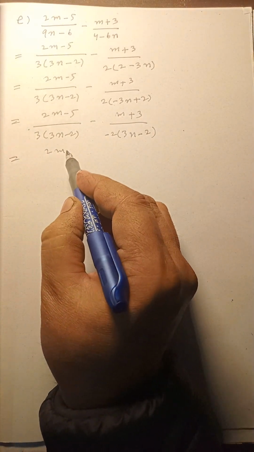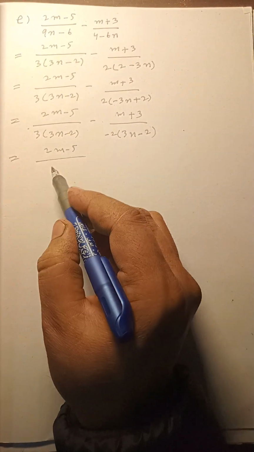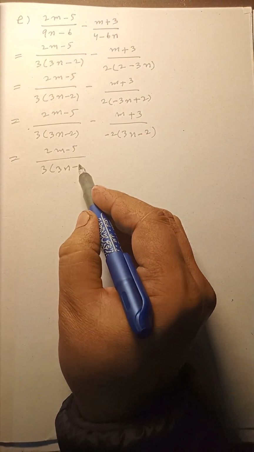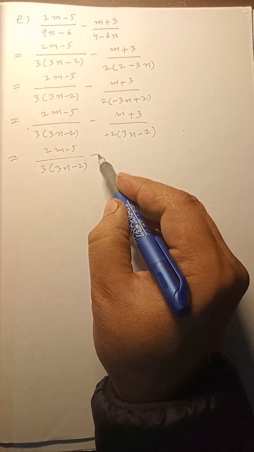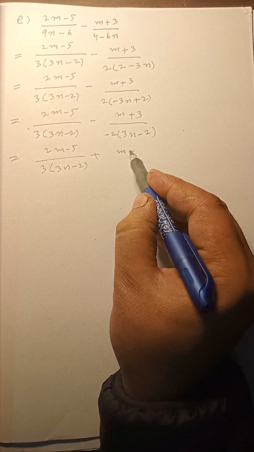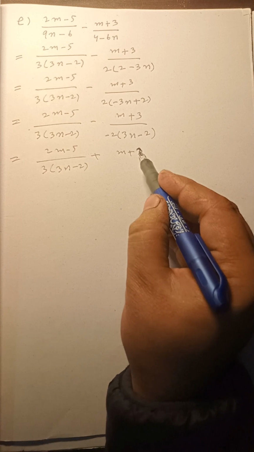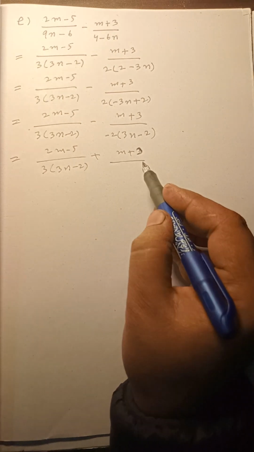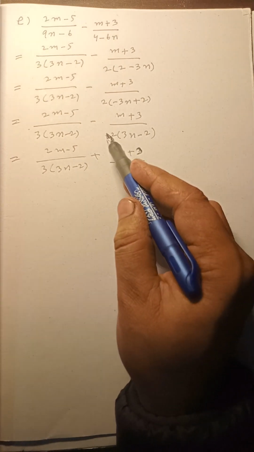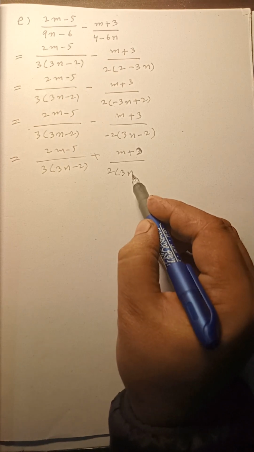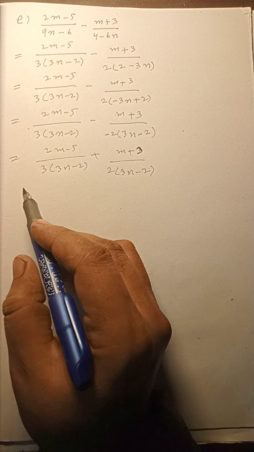Now (2m-5)/3 into (3n-2), minus minus makes plus, (m+3) over 2 into (3n-2).